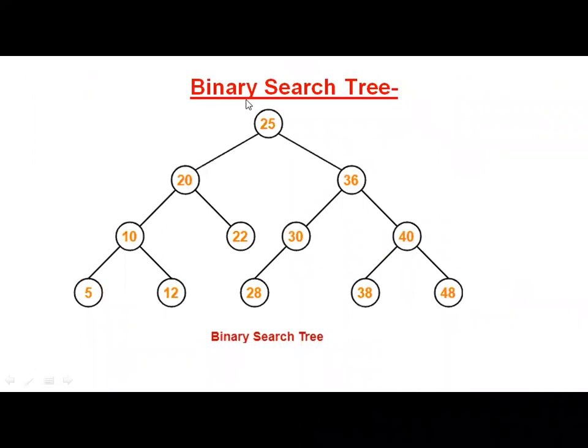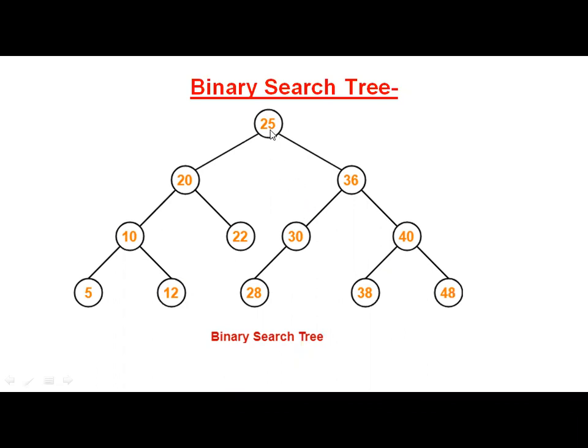Now, binary search tree. The difference between binary tree and binary search tree: a binary search tree is also a binary tree, but with a property. All the nodes in the left subtree are less than the root node, and all the nodes in the right subtree are greater than or equal to the root node. This is the property.